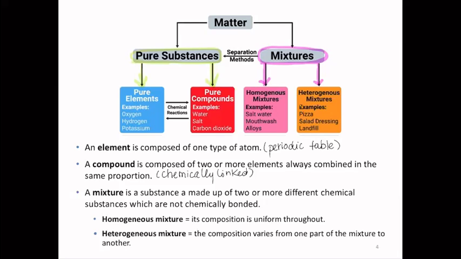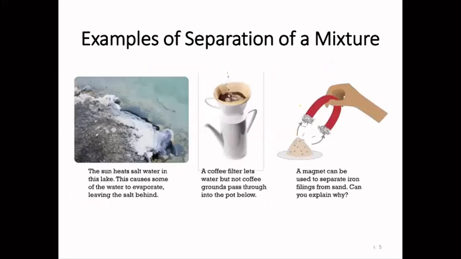Now, one of the things that is known is that a mixture, through separation methods, can be converted into pure substances. It depends on how the mixture is made, but understand that mixtures could, through separation methods, turn into pure substances. Now, I want to illustrate some examples of separation methods that you may or may not be aware of that exist out there.